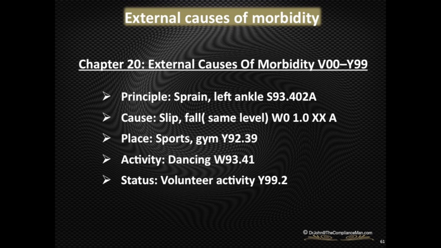And then after you've listed the principal diagnosis, then you would list the sequence of events based on the codes. So in this case, your principal would be your diagnosis, and then the cause would be a slip and fall. The place would be at a sports gymnasium, and the activity would be dancing. And then the status of the patient would be volunteer activity.